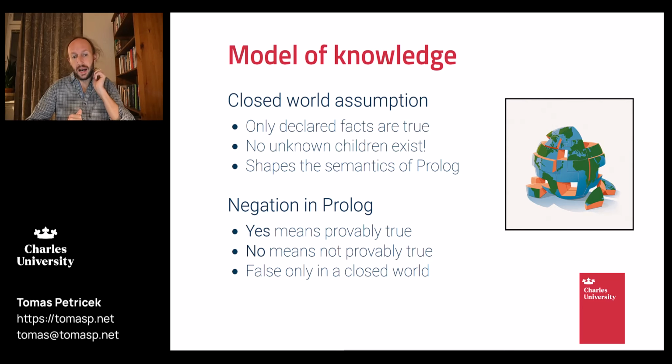But if you want to represent falsehood in Prolog, then the typical representation of that is that it corresponds to something not being provably true. So falsehood is you cannot prove that something is true.